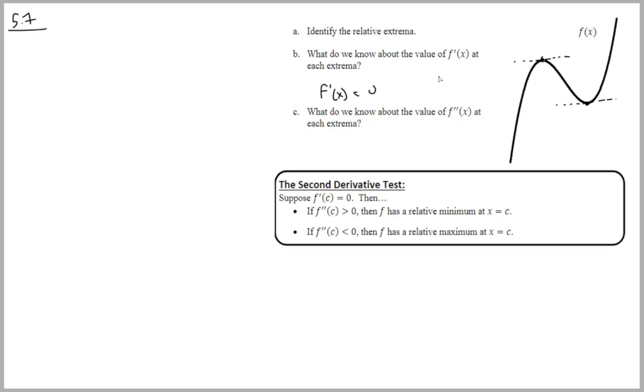We know that at each extrema, if it's concave up, it means it's positive, and if it's going concave down, it's going negative. So we just split in between these two.